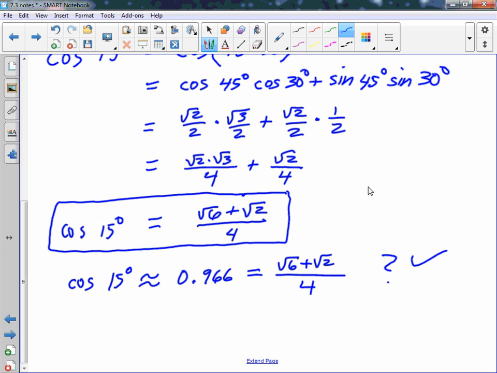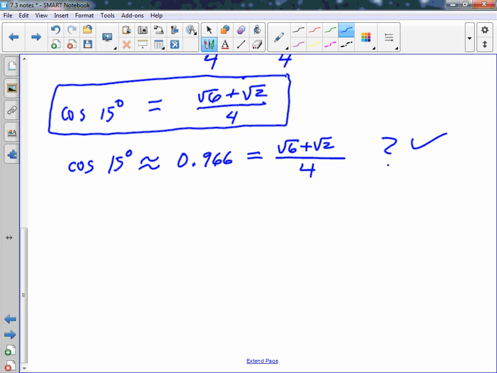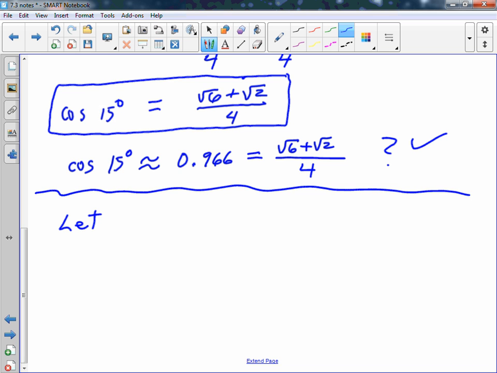Let's try one more of these crazy things because they're kind of fun. They're little puzzles you put together. Example 2, let alpha equal 4/5.